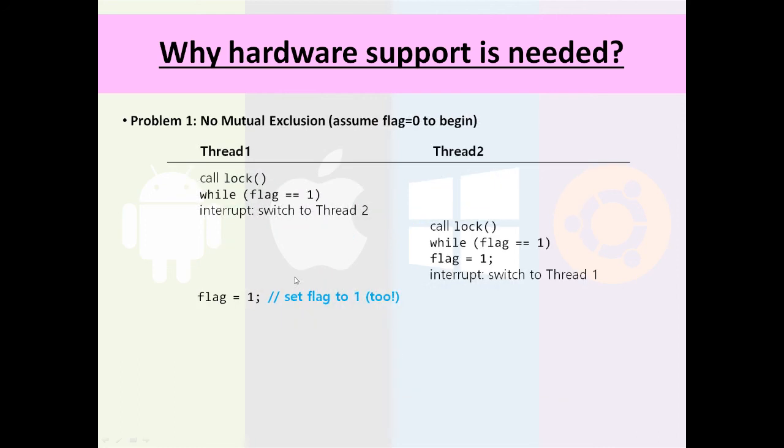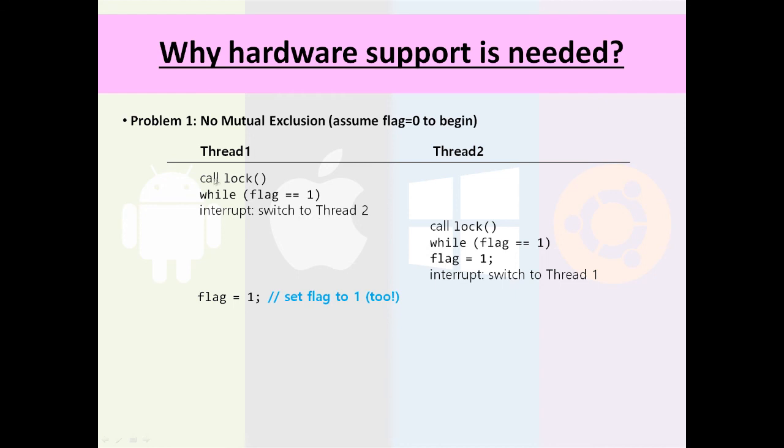So how this looks in an actual process would look something like this. The reason this is an issue is, one, because there's no mutual exclusion. Now we assume the flag is equal to 0 to begin with, so neither thread has the lock.